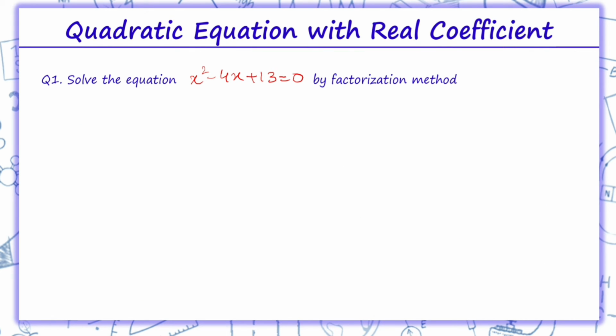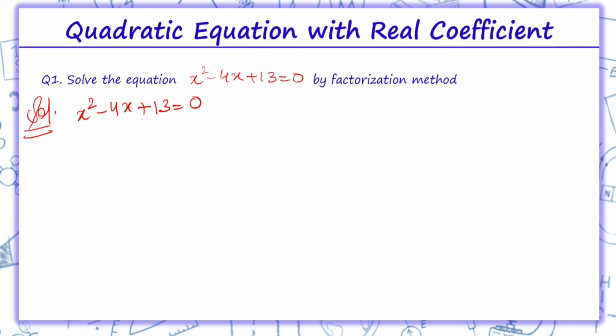Coming on to the question part. The first question is: solve the equation x² - 4x + 13 = 0 by the factorization method. So over here the equation is x² - 4x + 13.